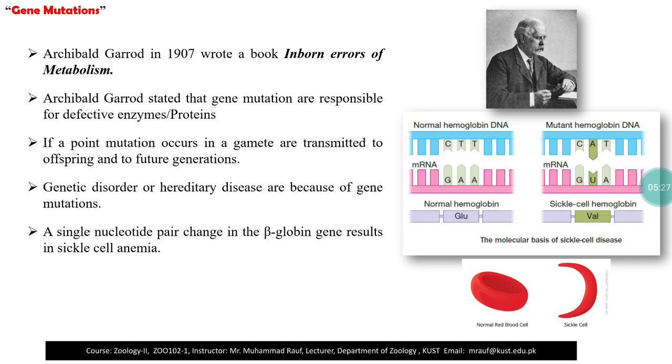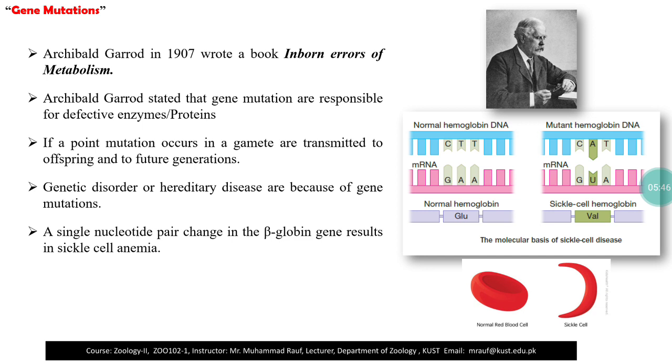Here we see an example of how gene mutations affect an individual. RBCs or red blood cells are composed of 4 polypeptide chains. 2 of them are alpha and the other 2 are beta.